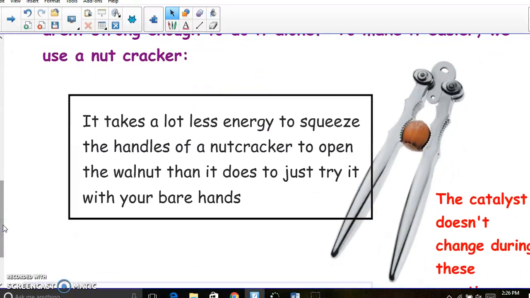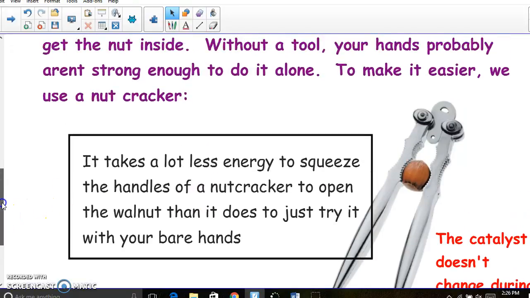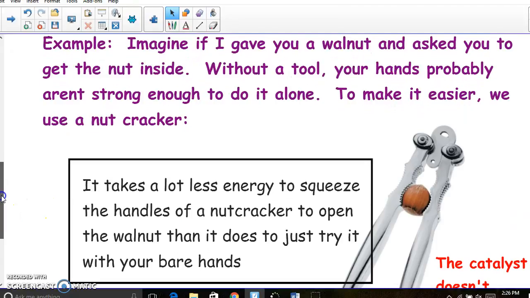Let's say you've got this, I think it's a hazelnut, whatever it is. You've got a hazelnut. If you tried to crack open that hazelnut with just your hands, no tools, no help, it would take too much energy. There's no way you would get that hazelnut cracked open with just your hands.